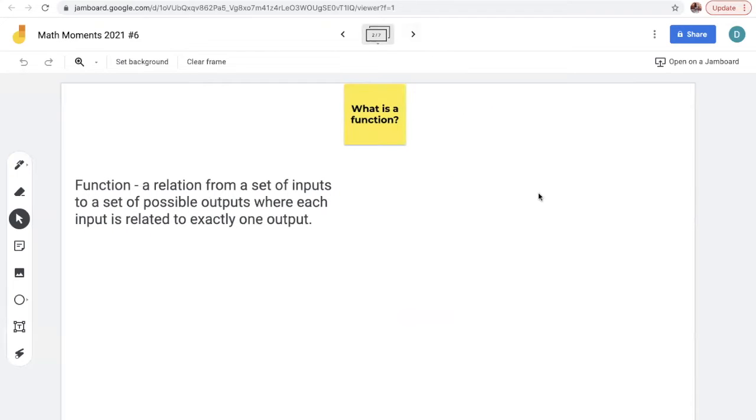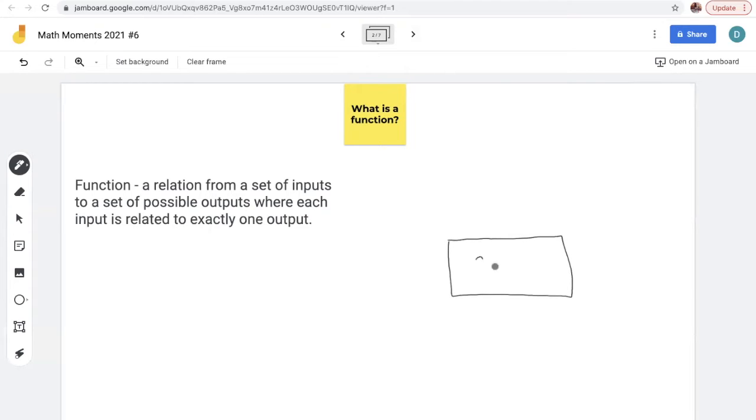What is a function? A function is a relation from a set of inputs to a set of possible outputs, where each input is related to exactly one output. So what does this really mean? Well, think of it as a machine of sorts. I want to put something in and get something out of it.